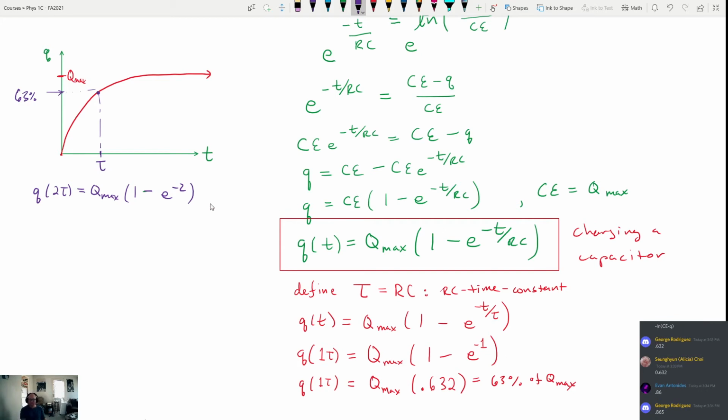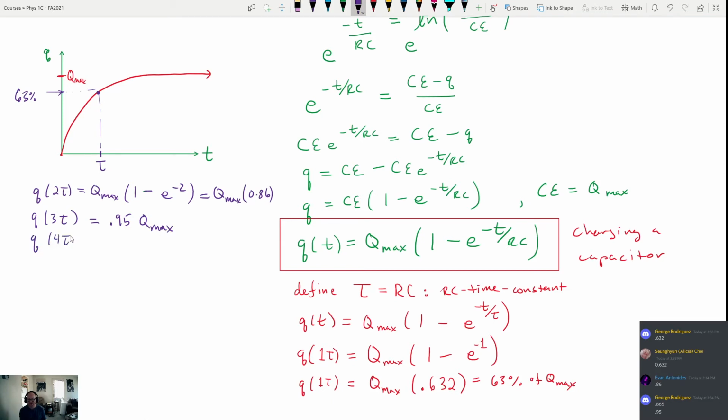So this one's going to be Q max times 0.86. If you do Q of 3 tau, you're going to have 1 minus e to the negative 3. So if we do that, you get 95%. So this is going to be 0.95 Q max. Then we're going to do Q of 4, and Q of 5. By 5, I think you'll be at close to 99%.